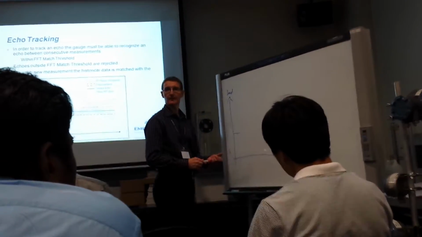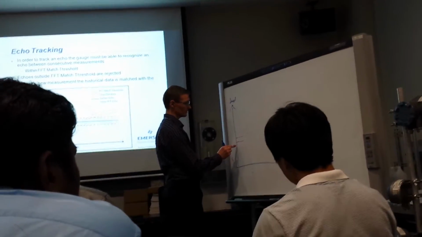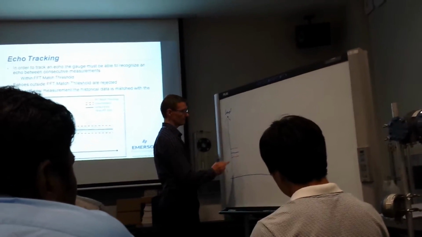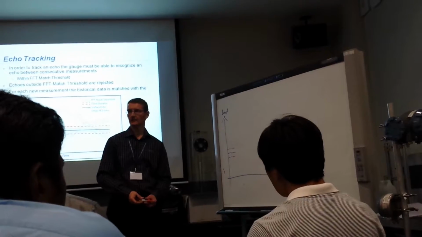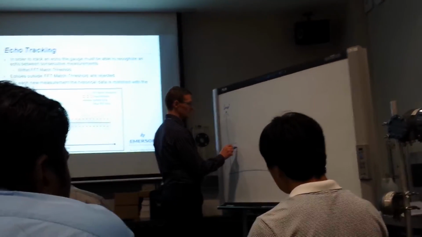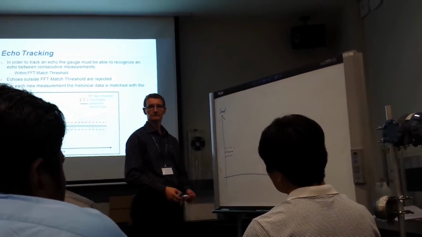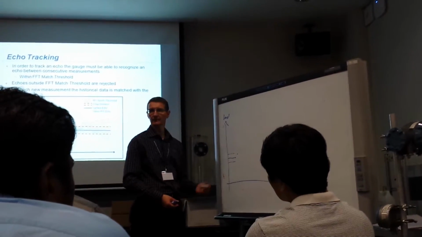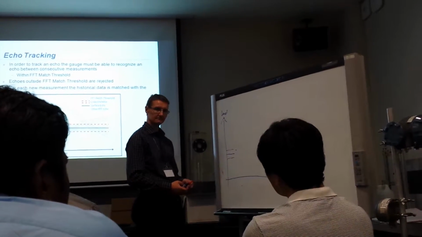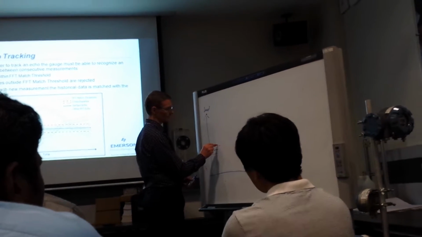And I will take another pen. I will take the red line here. This is our tracking window. And we have the scenario here between consecutive measurements. From this point here, the level will move to that point. So what will happen with this one? Well, we have our tracking window.